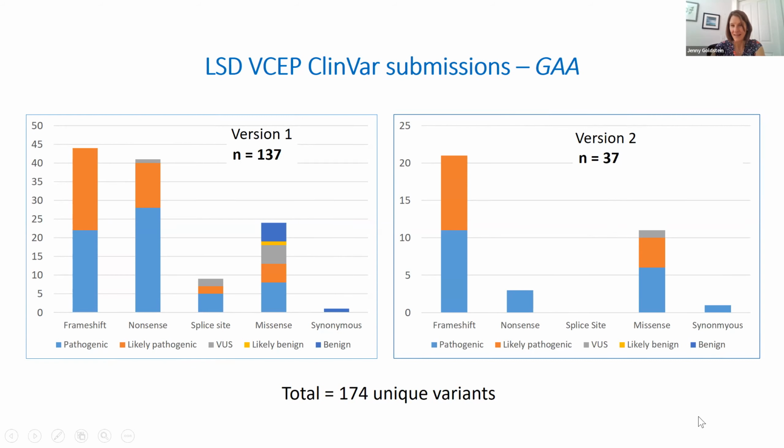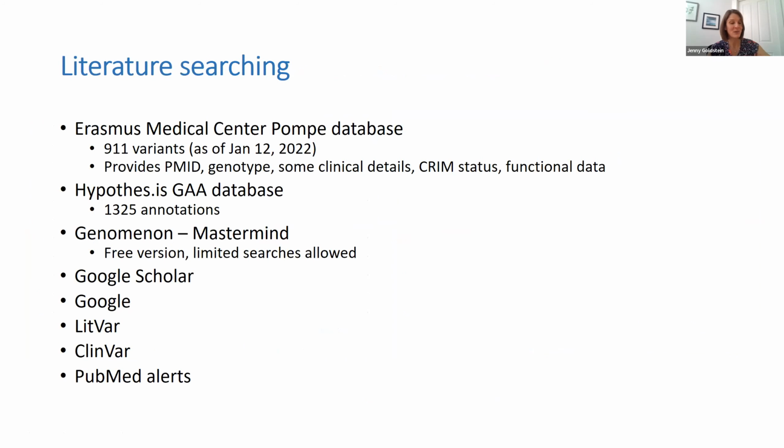Okay. And then I did also just want to spend a couple of minutes talking about literature searching, because I know that this is a topic that often comes up, and it can be challenging to find literature, especially if there's no case reports or just a couple. So just making sure that you're not missing things.